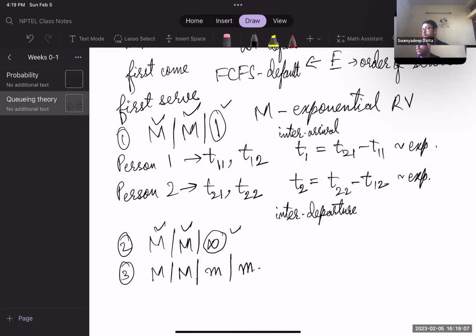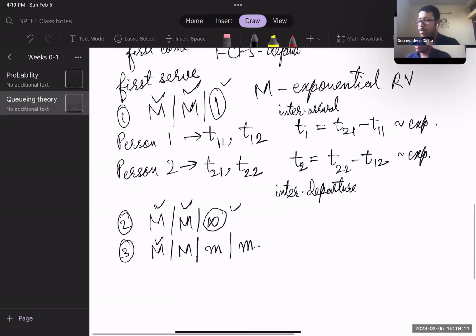And then another form of a queue is MMm-m, let's say, something like this. What will this mean? We already know the meaning of these two capital M's: the arrival and the inter-departure times, the service times, are exponentially distributed, right? The amount of time it takes to serve each of these users.